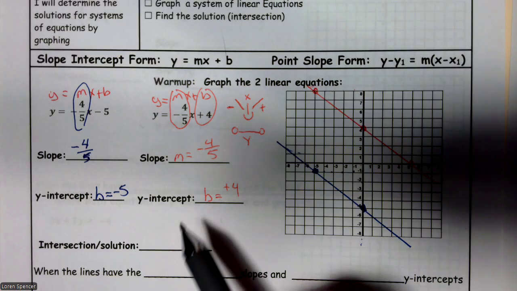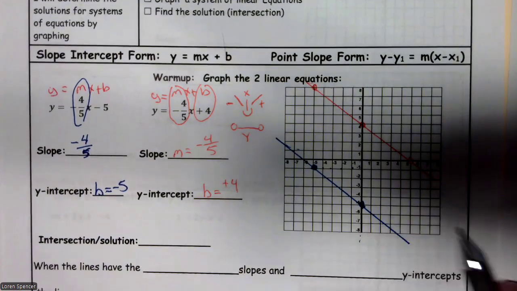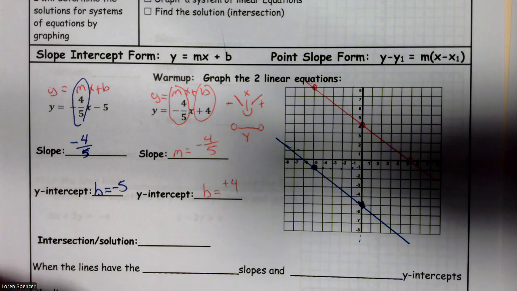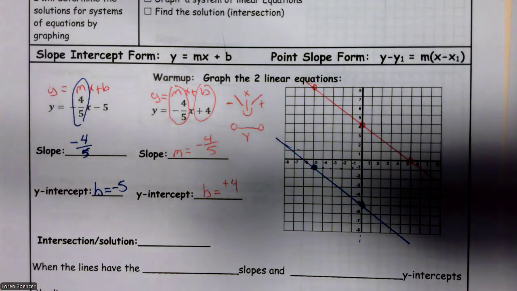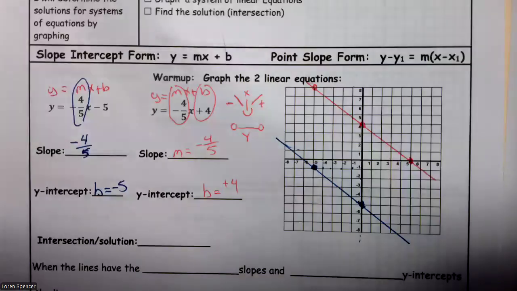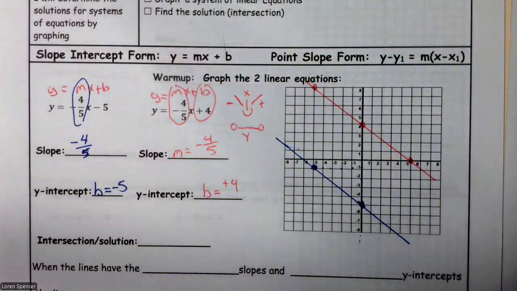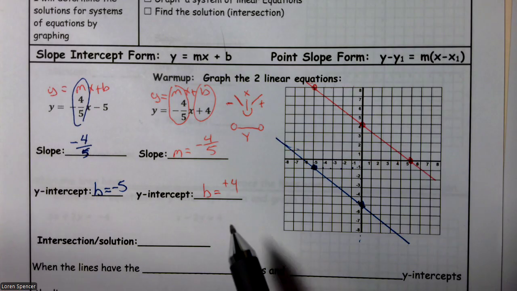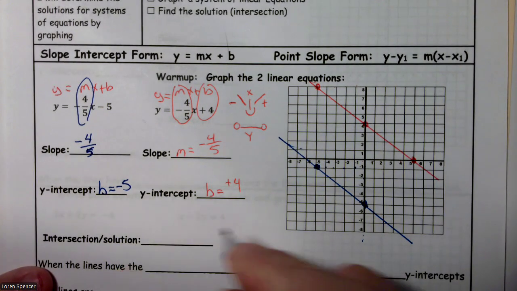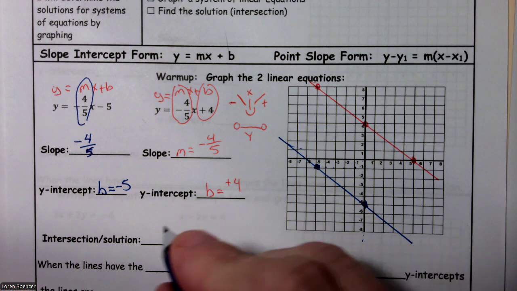So our solution is, when the lines will never intersect, we say that they have no solution.